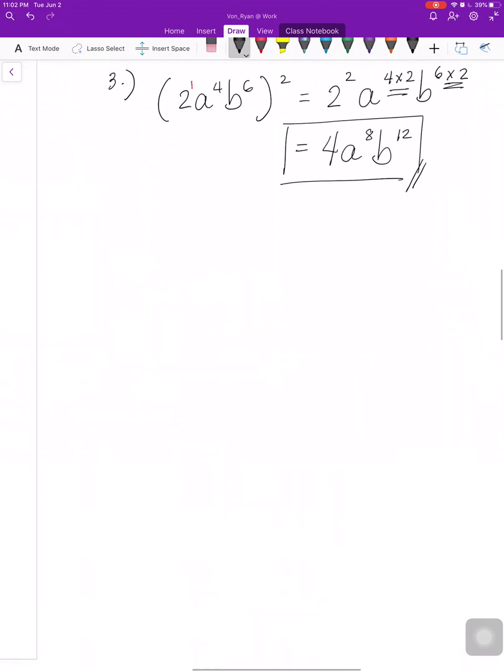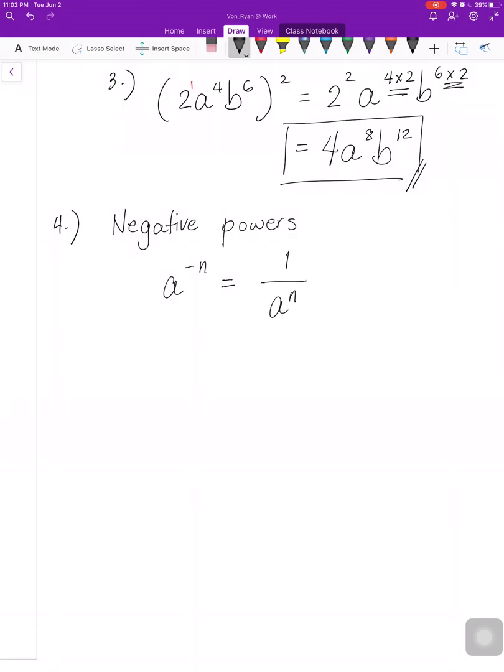Another rule that we need to remember is when we have negative powers. So when we have negative power, suppose we have a raised to negative n, that is equal to 1 over a raised to n. So the index becomes positive now. It's essentially the reciprocal with the reverse sign of the index.